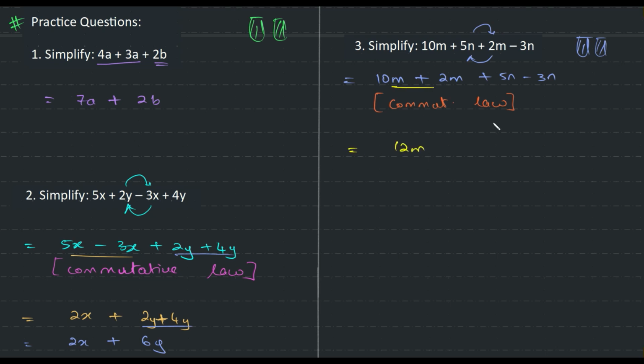So this is 12m and these terms are same and this is 2n, and that's the answer. You might have seen that I wrote the answer directly, as in I skipped an extra step over here. Since it's very clear what are like terms, you know the result, you can skip that extra step and directly write the answer.